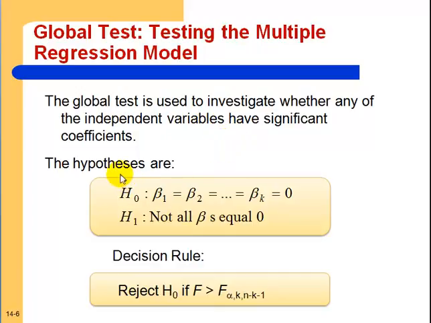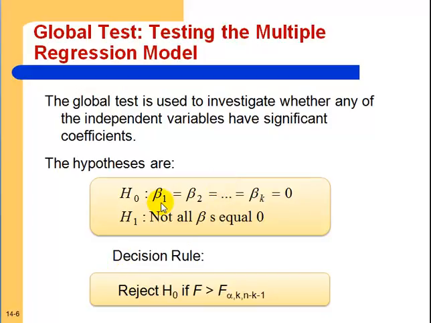So the hypotheses are: H0: beta 1 equals beta 2 equals beta k equals 0. H1: not all betas equal 0.